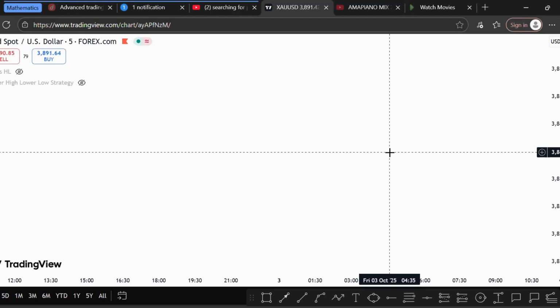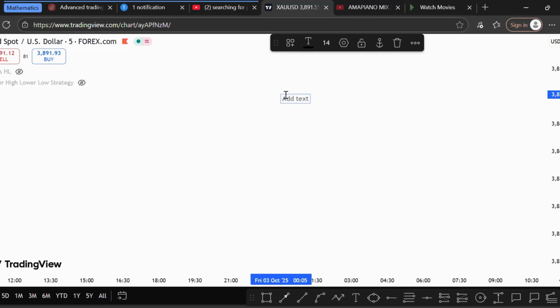So you want to start your top-down analysis, starting from knowing the trend. The trend would come from either the 4 hour chart or the 1 hour.